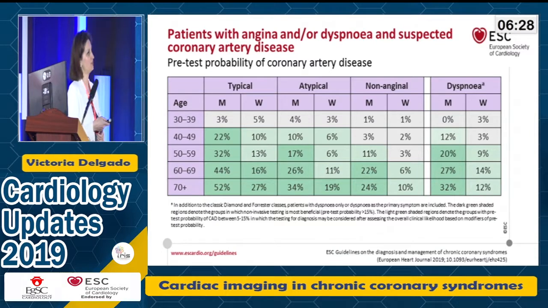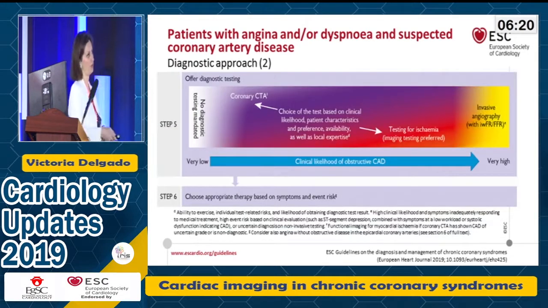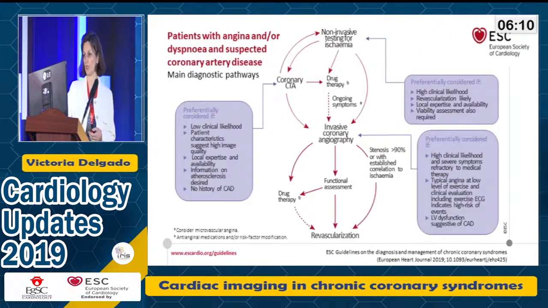So in this case, we go through the same algorithm that the guidelines recommend. This is a man aged 61 with typical angina, a rather high probability of having coronary artery disease. And if we follow here, we are much more in this area where they recommend performing a test to see the ischemia.